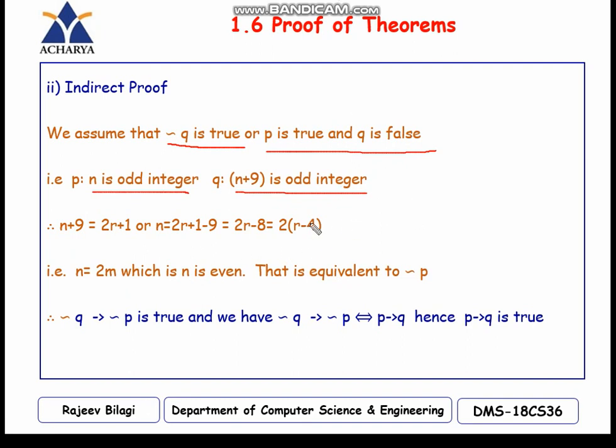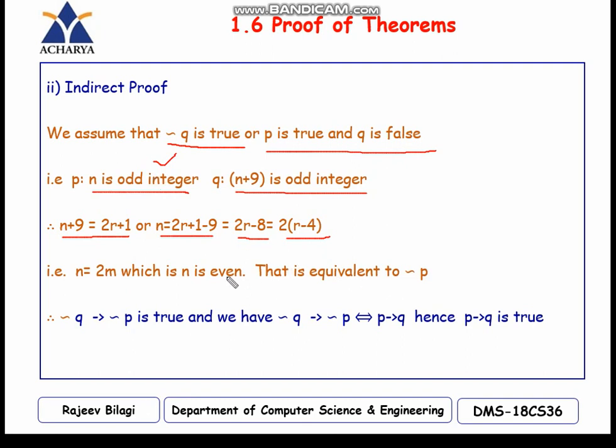Now if you look at this statement, n plus 9 is odd, as in the previous problem, so it is 2r plus 1. So n is equal to 2r plus 1 minus 9. Hence it is 2r minus 8, which is equivalent to 2 times r minus 4. This is the negation of the statement, because it is even.